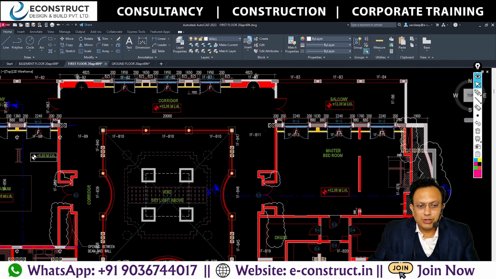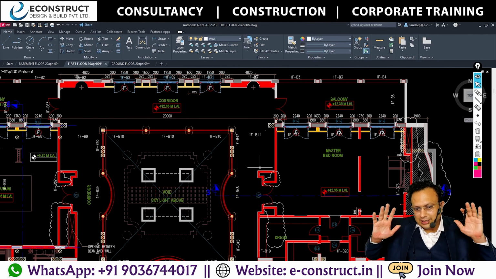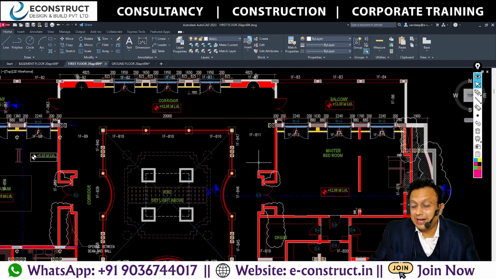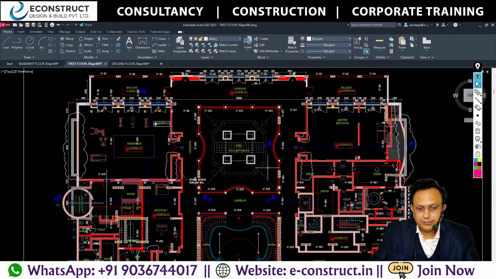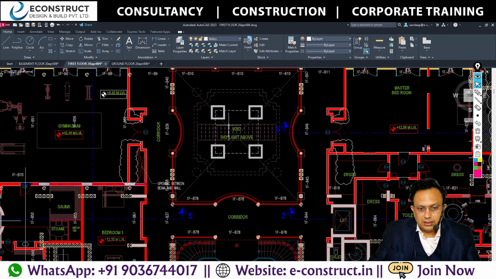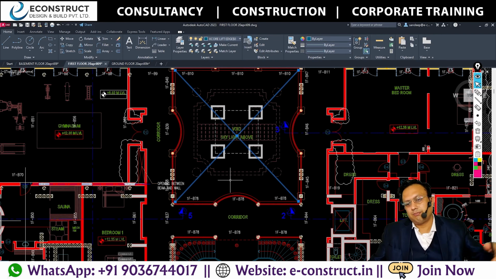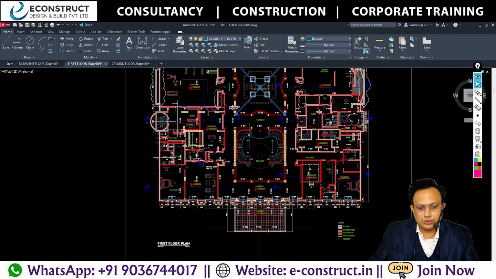I just wanted to bring progression in your mindset on how big villas can be designed. This is also like double height, not double height. On this floor also it is like this on the upper floor. So maybe 2.5 floors actually.